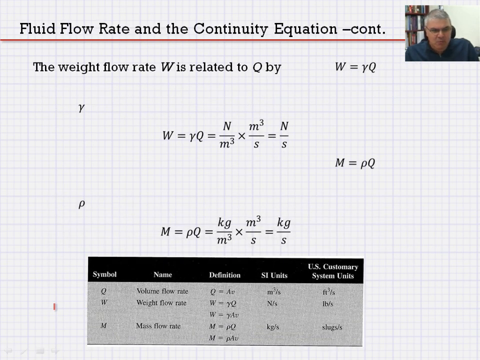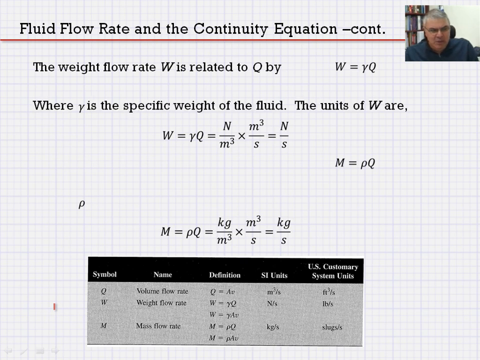What about the weight flow rate, W? The weight flow rate W is measured by multiplying the specific weight of the fluid that goes through that cross section by the volume flow rate Q. So after calculating Q, if we multiply that by the specific weight of the fluid, we can simply calculate the weight flow rate. What we are measuring here is the weight of the fluid at that particular cross section at a point in time, for example, in a second.